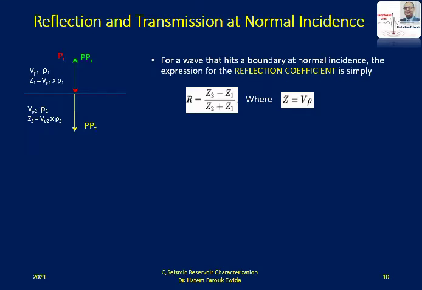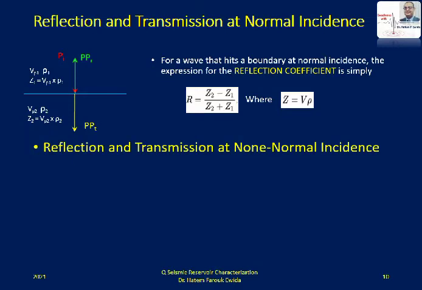So if I have this interface now, and this is the incident P energy, P meaning P wave energy. At this interface, part of it will refract or penetrate deeper to the next layer as P. And I will let you know why I call it PP now.